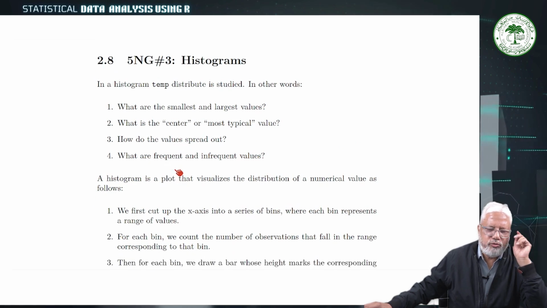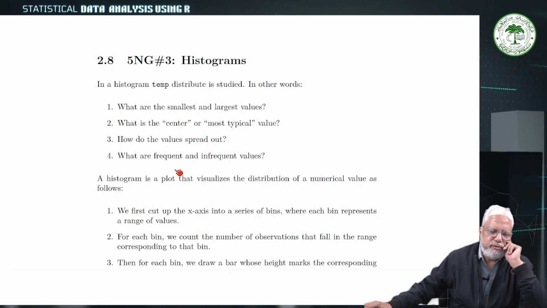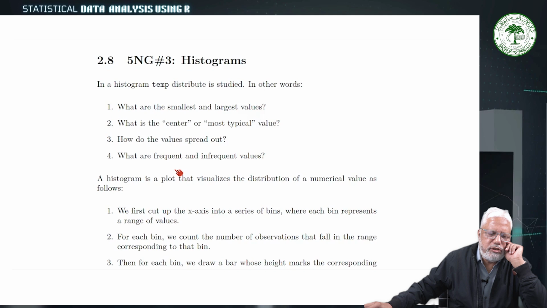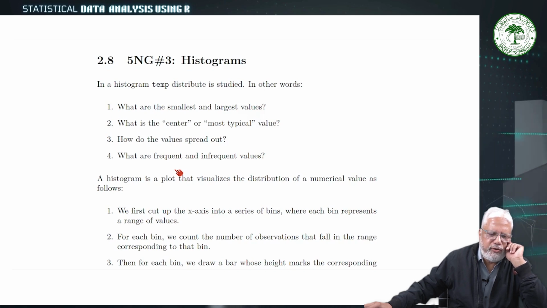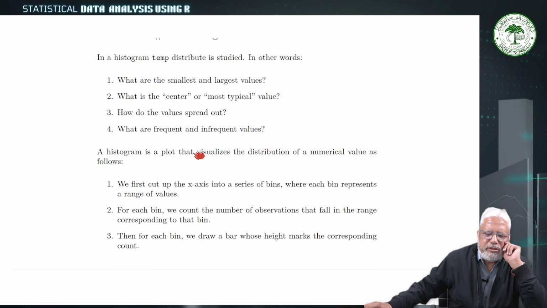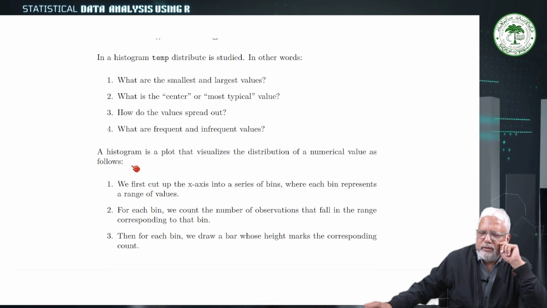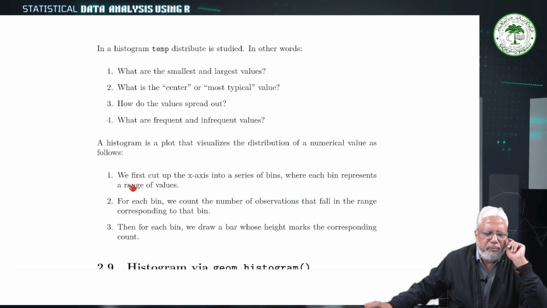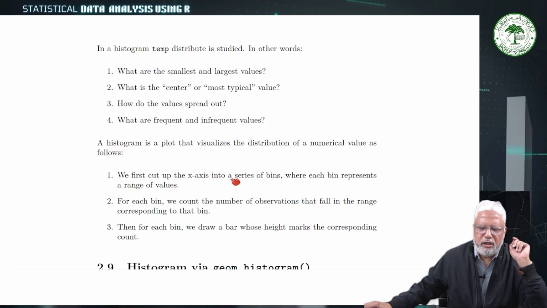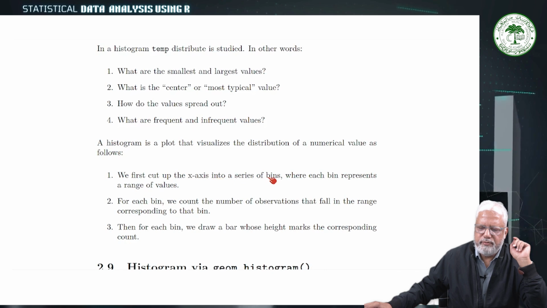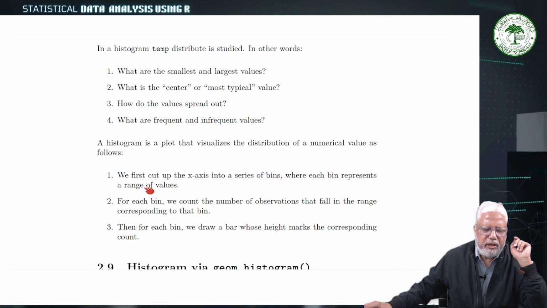A histogram actually makes the basis of a model of a distribution, and that frequency distribution provides the foundation for statistical inference. A histogram is a plot that visualizes the distribution of a numerical variable as follows. Number one, we first cut up the x axis into a series of bins, where each bin represents a range of values.